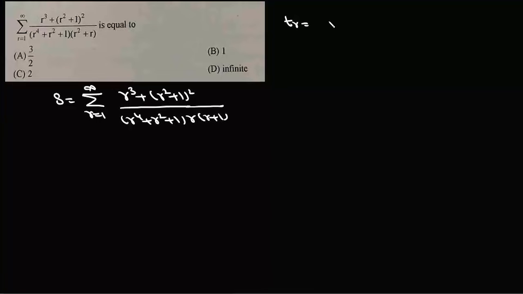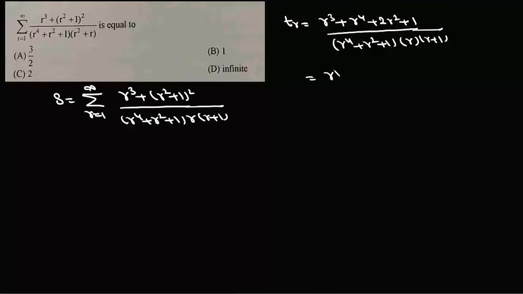Now this tr will be (r cube plus r to the power 4 plus 2r square plus 1) upon (r to the power 4 plus r square plus 1) into (r plus 1). Now in the numerator, we'll rearrange it a bit.